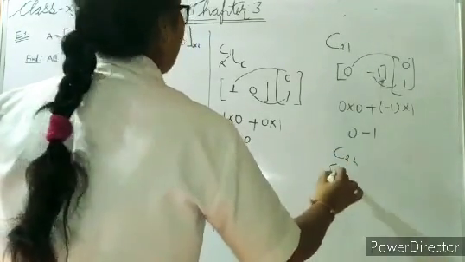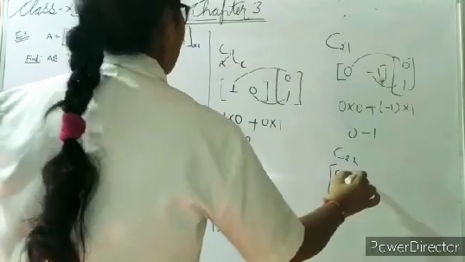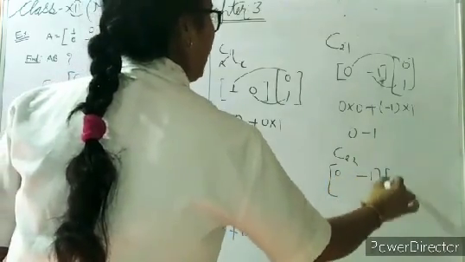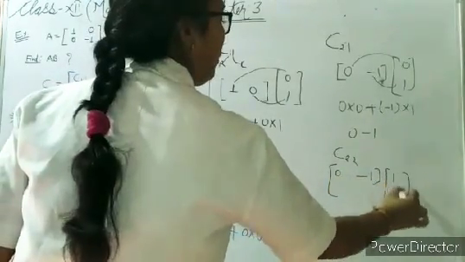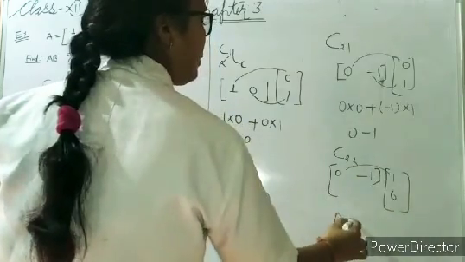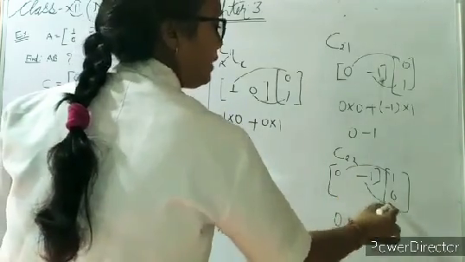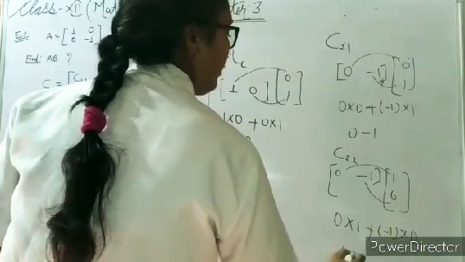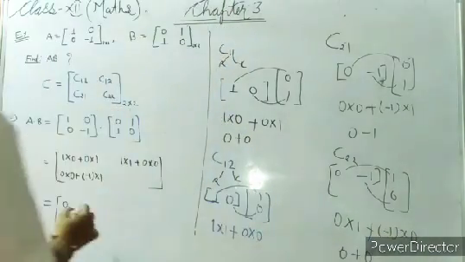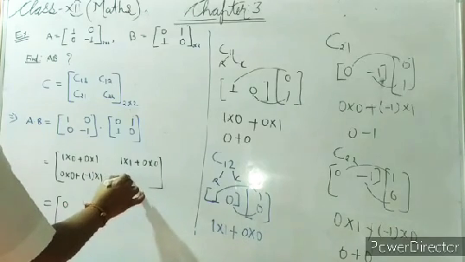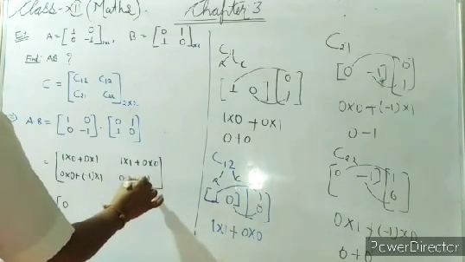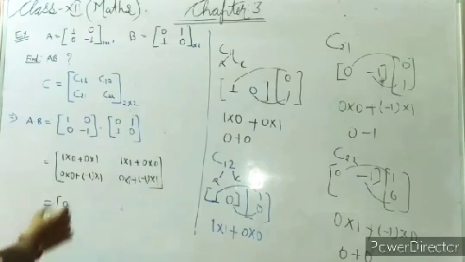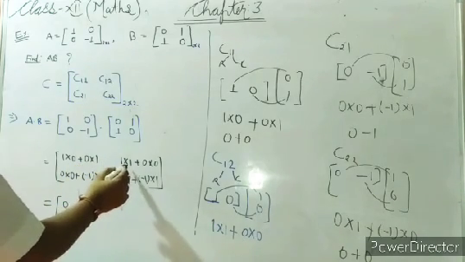C22, that means second row and second column. So 0 multiply 1 plus minus 1 multiply 0. So it will come 0 plus 0, so 0. 0 multiply 1 plus minus 1 multiply 1. What is your answer?